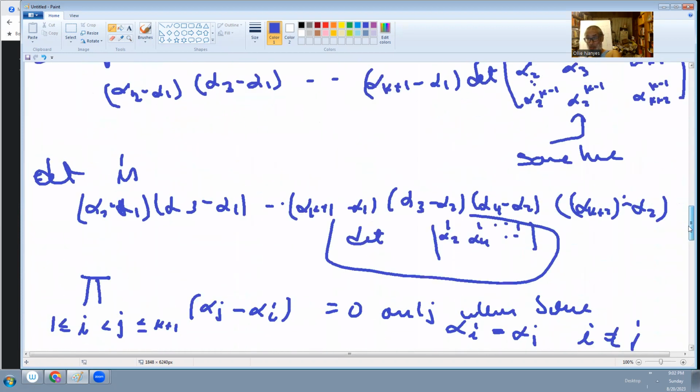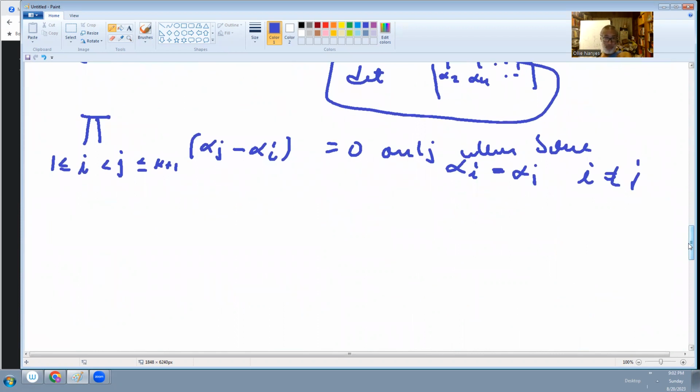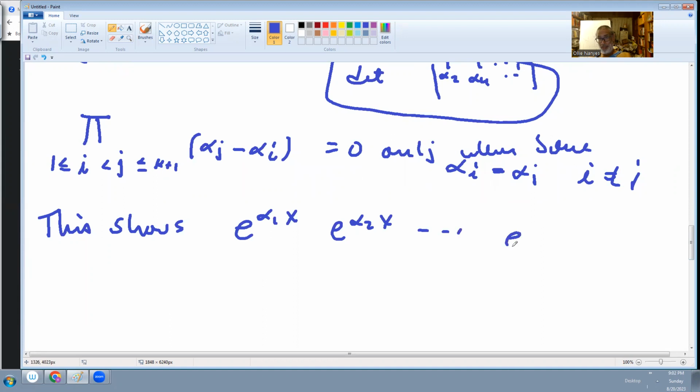So what this proves is that e to the alpha 1 x, e to the alpha 2 x, etc. are linearly independent if the alphas are all not equal.